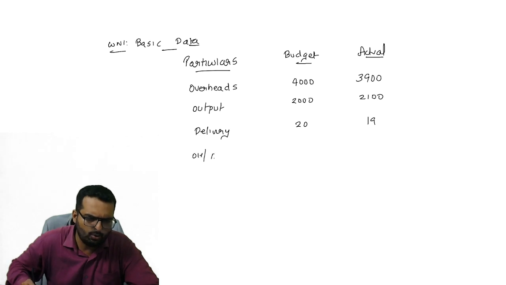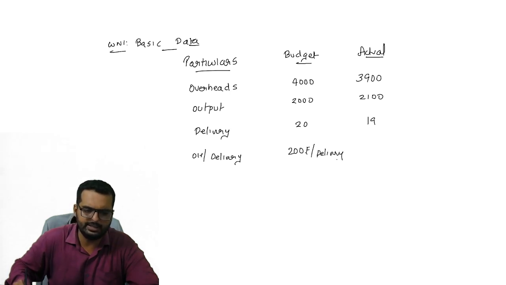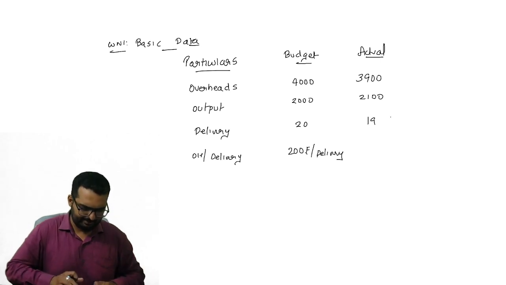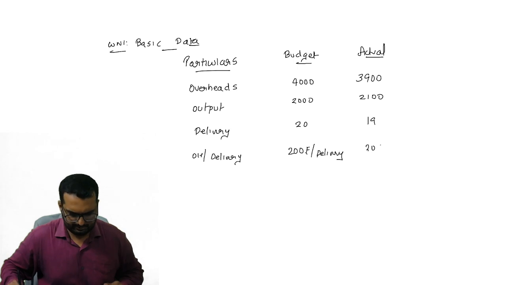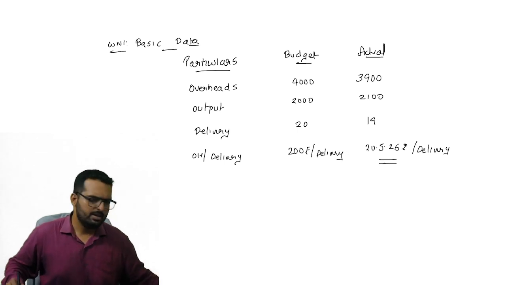Can I find out overhead per delivery now? That will turn out to be 200 rupees per delivery is the budget. And what is the actual? 3,900 divided by 19. Do I get the answer as 205.26 rupees per delivery? Am I right? Okay.